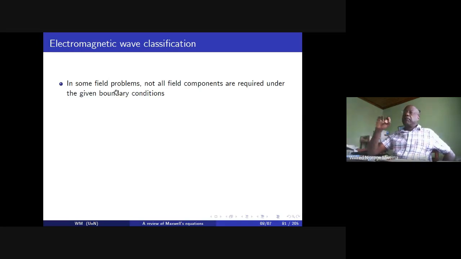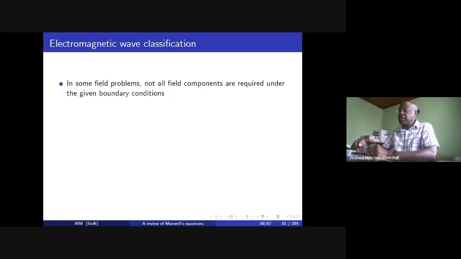In some field problems, we'll find that we have to satisfy boundary conditions in that region of space. In some cases, you may need all the components of the field. Since the fields are three-dimensional vectors, all the components will be required for the given boundary conditions to be satisfied on such boundaries.